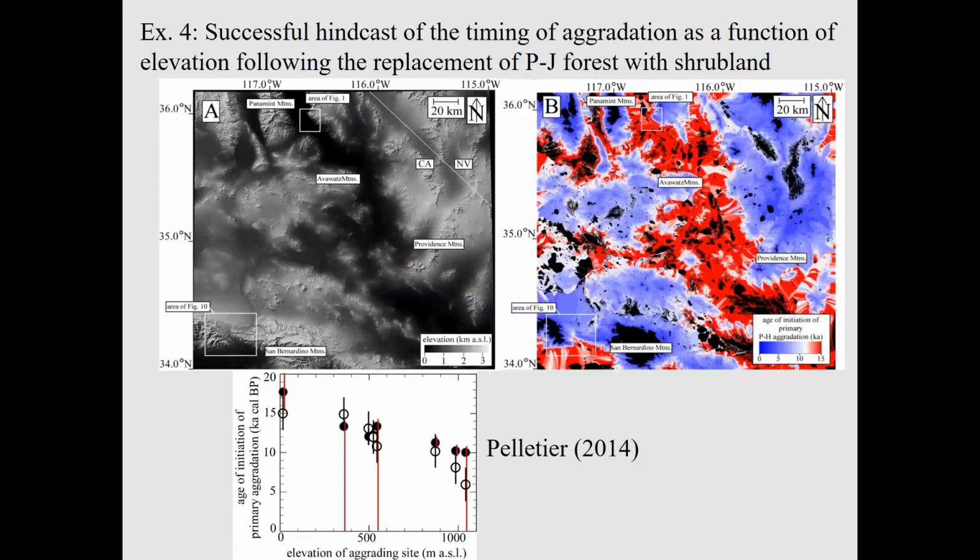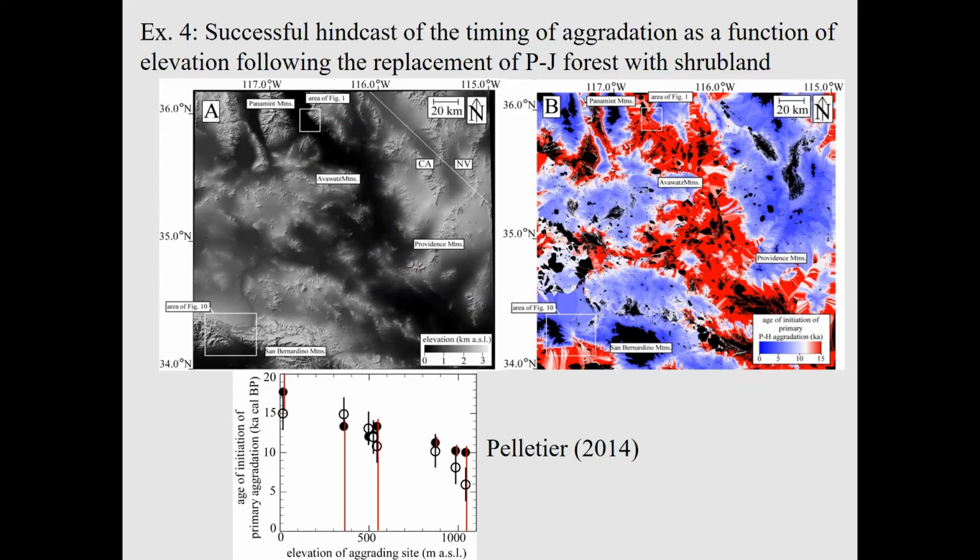Hindcasts, for example, might successfully or unsuccessfully hindcast the behavior of Earth's surface to, say, the Pleistocene-Holocene transition, which was a huge climate transition across the world, and even here in the southwestern US, even though there's no glaciers, there was a big change in precipitation, temperature, and in vegetation cover.